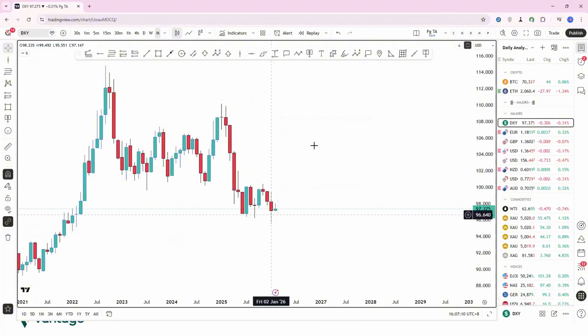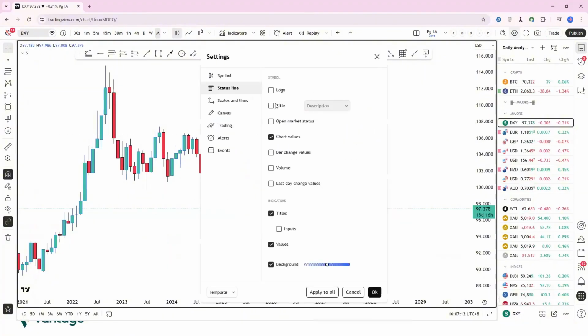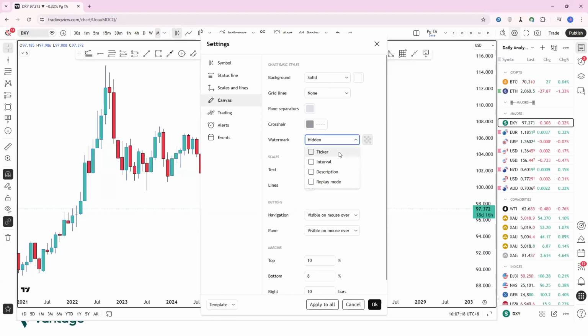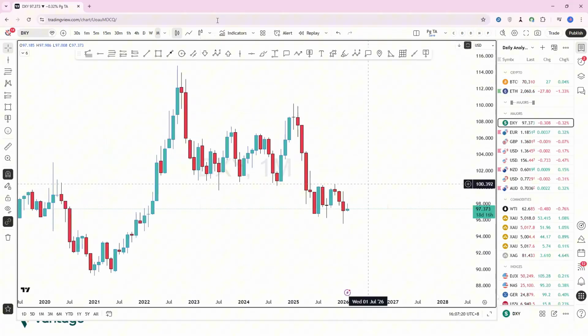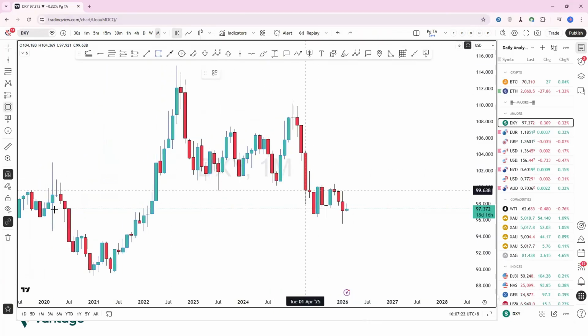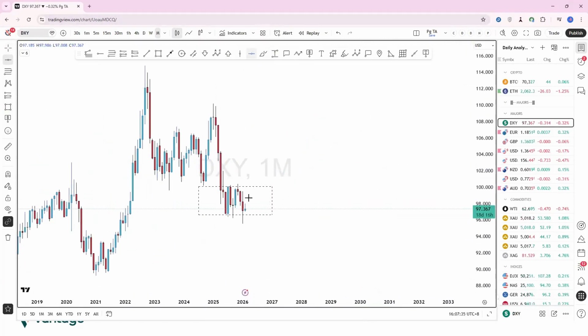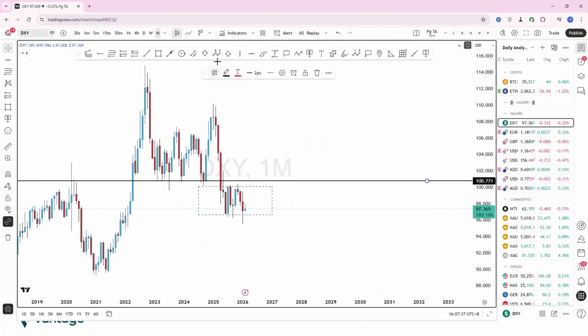But if you look, you'll see that overall it has been ranging in the monthly time frame. It is still at the resistance level, and we're going to highlight the zone.